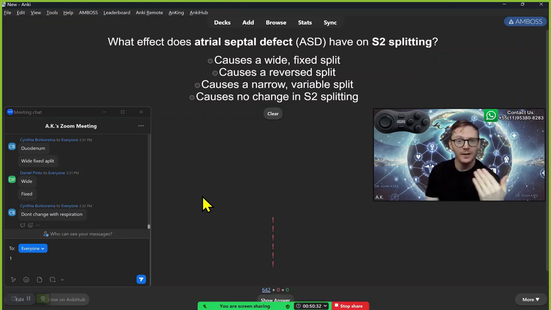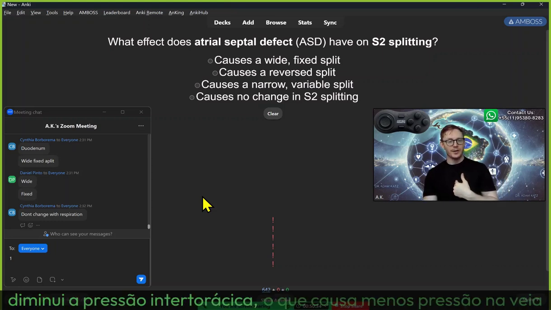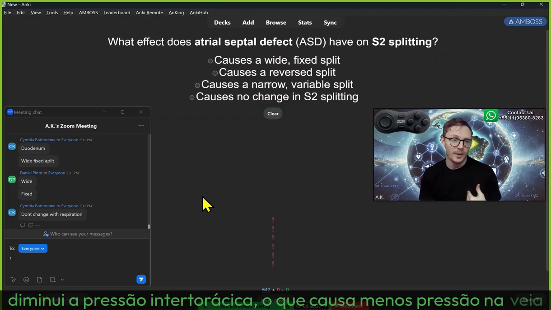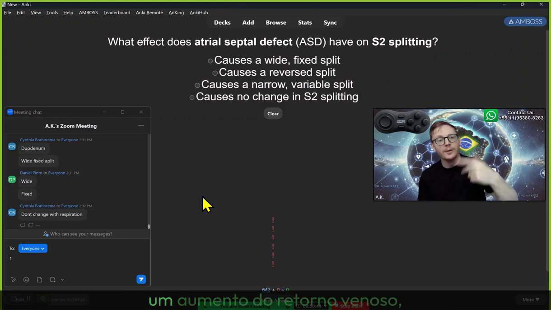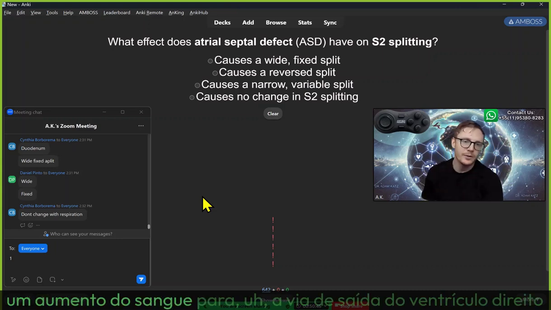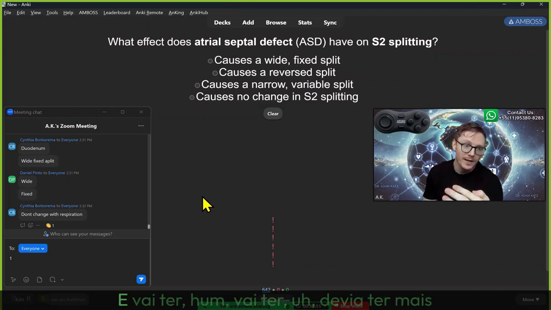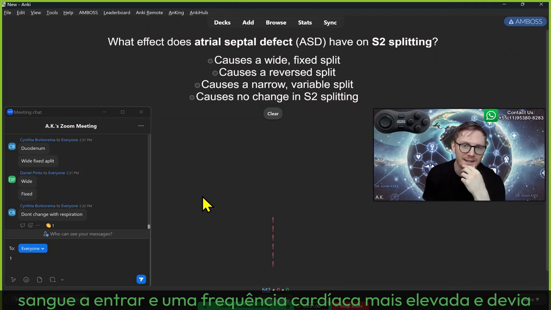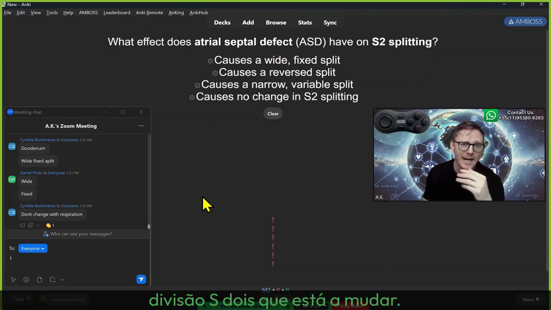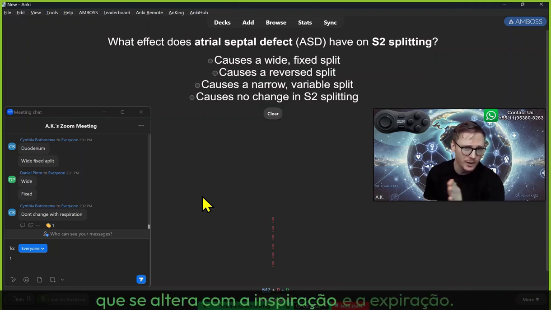So when you inhale, you decrease intrathoracic pressure, which causes less pressure on your vena cava, and then you're going to have increased venous return. Increased blood goes to the right ventricular outflow tract, to the pulmonary artery, and you should have more blood coming in and a higher heart rate, and you should be seeing an S2 split that is changing with inspiration and expiration.